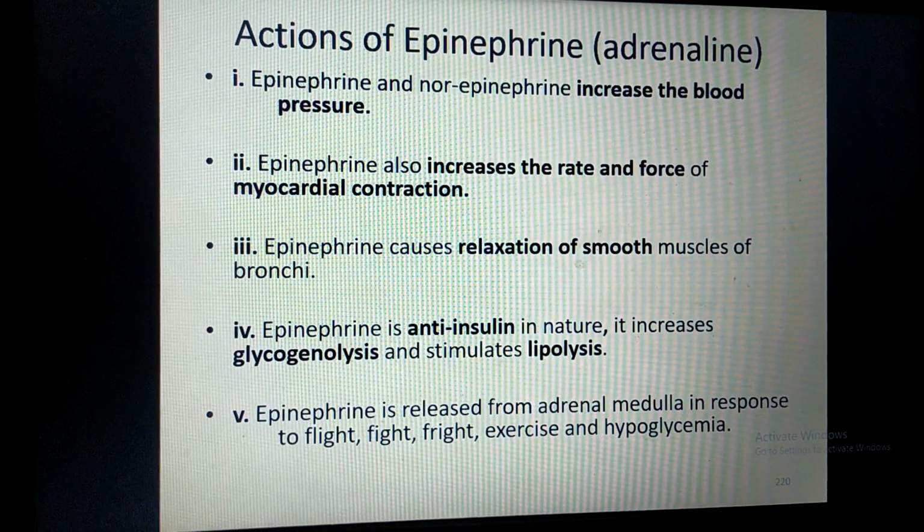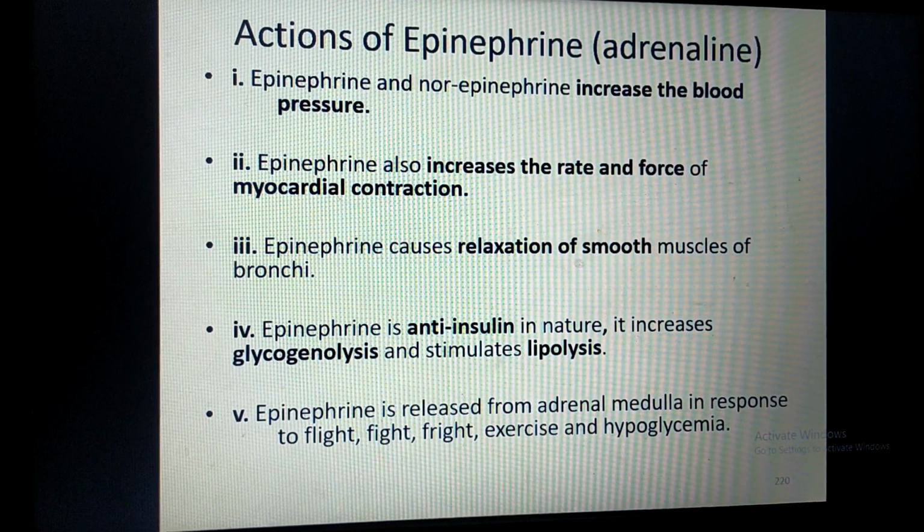Now the actions of epinephrine. Epinephrine and norepinephrine increase the blood pressure by vasoconstriction. Epinephrine also increases the rate and force of myocardial contraction, meaning it will act on the heart. Epinephrine also relaxes the smooth muscles of the bronchi. It causes relaxation of bronchi.